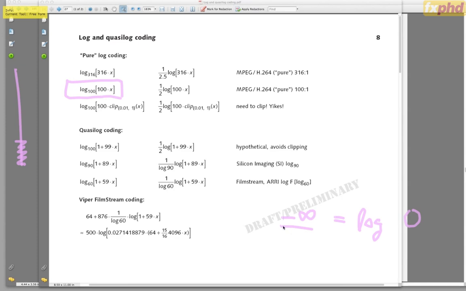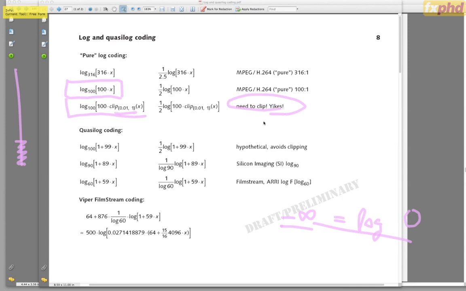They don't know how to do arithmetic with infinities. This is a big problem. The log function explodes around 0. So to make it practical, what we have to do is clip. And clipping is no fun. Yikes, as I say in the handout. Those of you who know image data know clipping is just a no-no. You really don't want to ever clip because people are likely to see it.